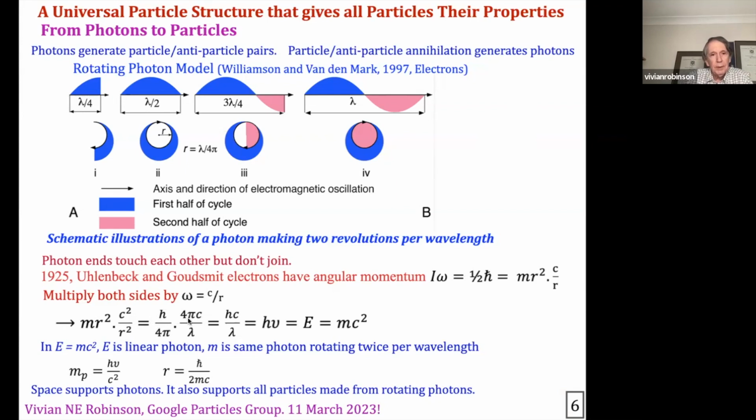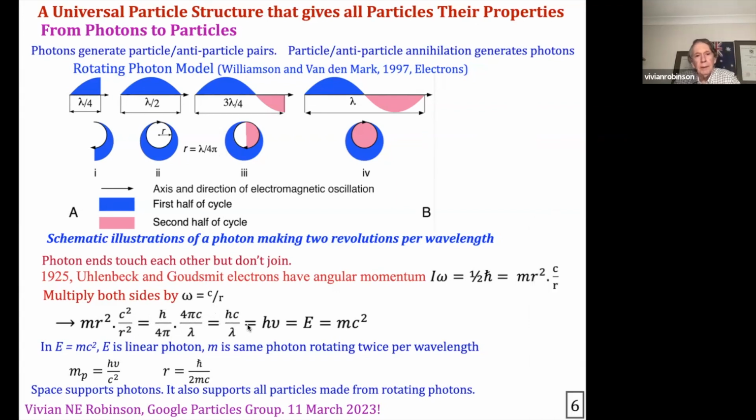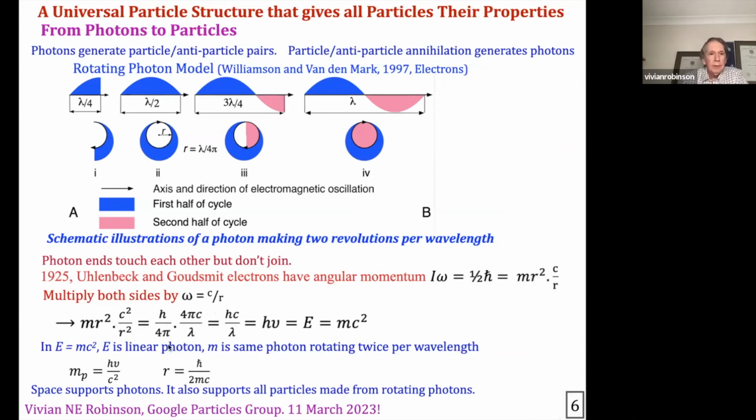half h bar, times 4 pi c over lambda, which is c over r. Cancelling out gives hc over lambda equals h nu equals E. If we go back to the original one and cancel the r squared, you get E equals mc squared. So in this situation, it just shows that energy is the photon traveling at c linearly.